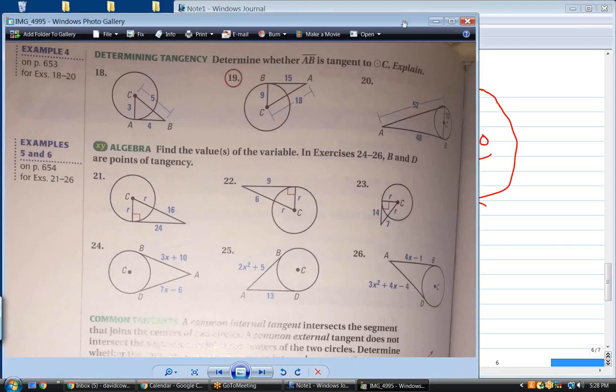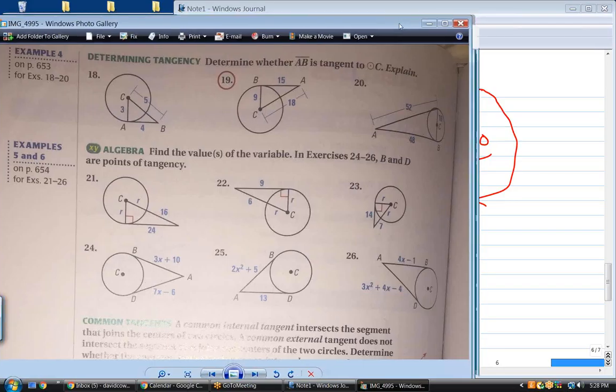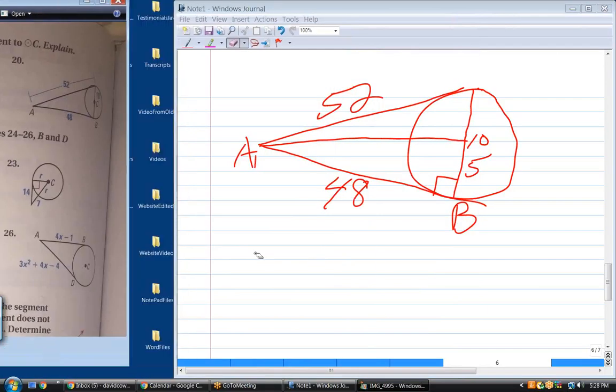Maybe you can say to number 20, determine whether it's tangent, and you can't determine from the available information. I know that both of those lines are not tangent, because if they were, they would have to be of equal length. But to determine whether AB is tangent or not, I have to determine if that angle is a right angle.